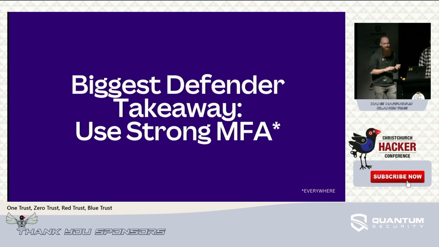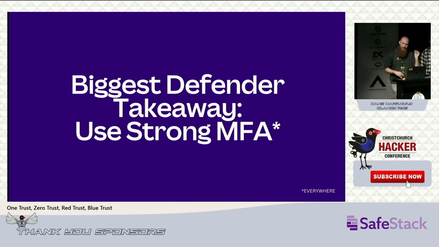Use passkeys everywhere on every employee, no exceptions, ideally. And I think there's a lot of improvements coming where you can use strong MFA now from device enrollment to forever, basically. So there's not this gap at the beginning like there has been where you need to use a worse MFA and then add a better one.